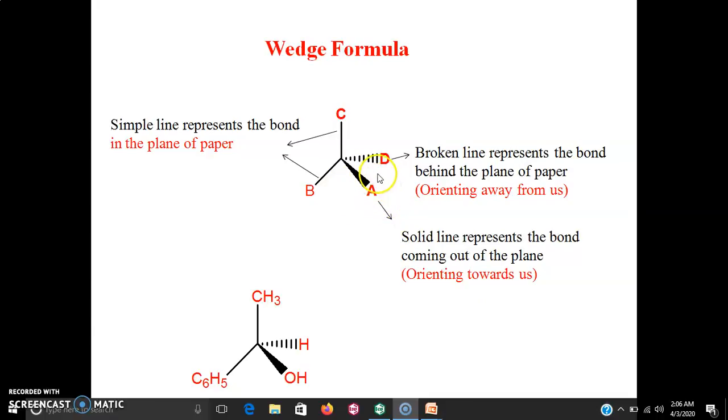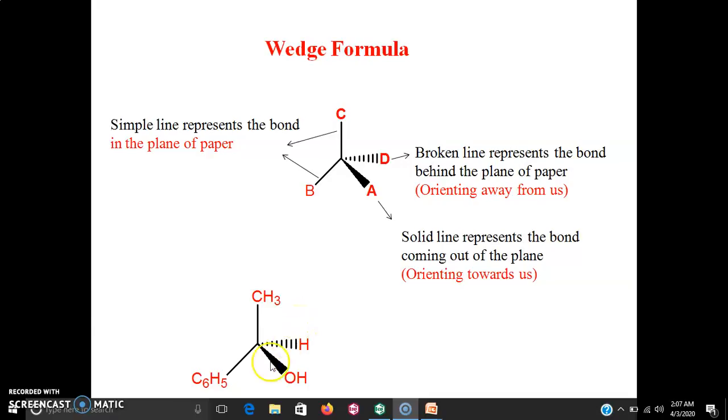And next you can see a broken line here. A broken line represents a bond which is behind the plane of paper, that is, it is orienting away from us. That indicates that group D is orienting away from us. Next we consider an example here.